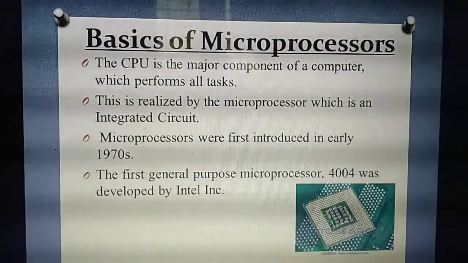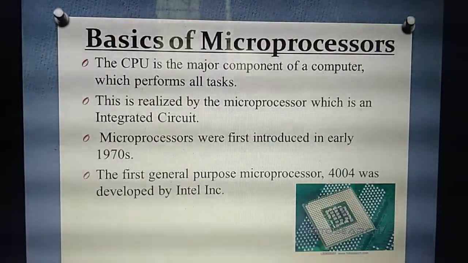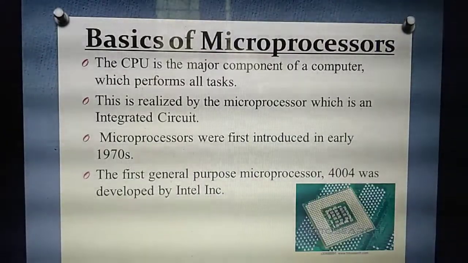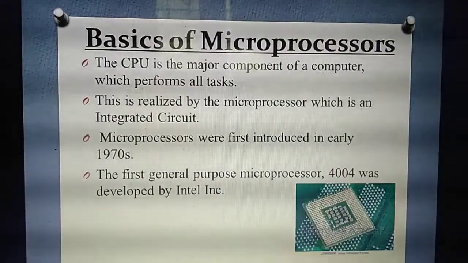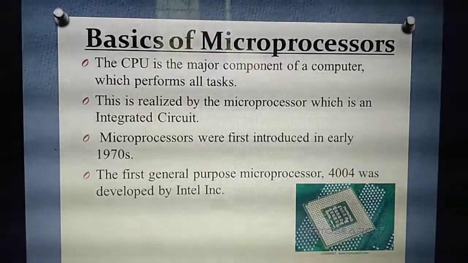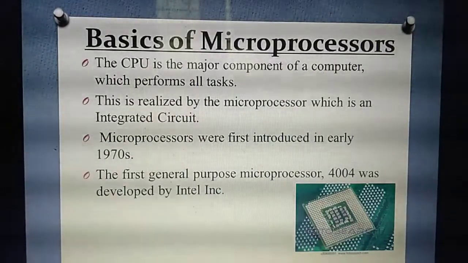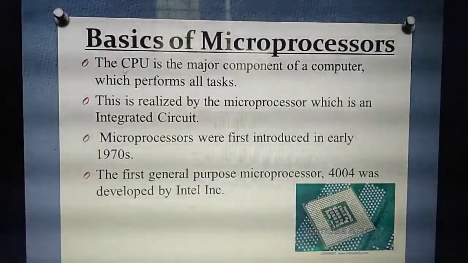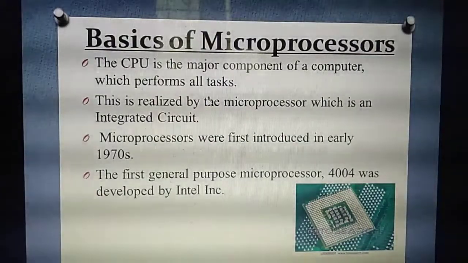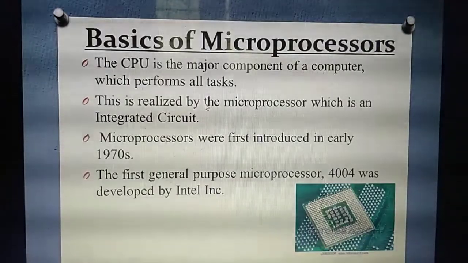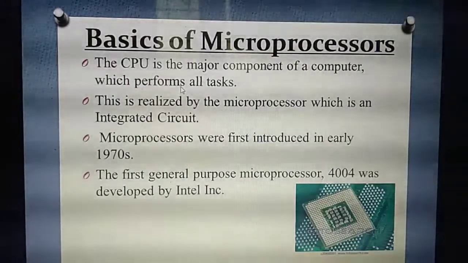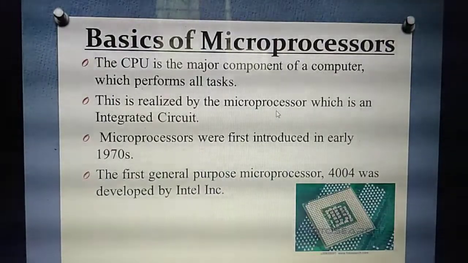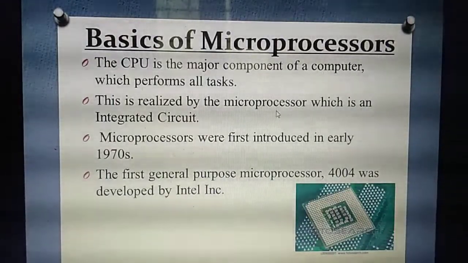Which is the major part of the computer to make it function properly, to make the computer perform all the tasks? The CPU. This is one of the important 1 mark questions. When I tell you an important 1 mark or 2 mark question, immediately take the pencil and mark it. So the CPU is the major component of a computer to perform all the tasks.